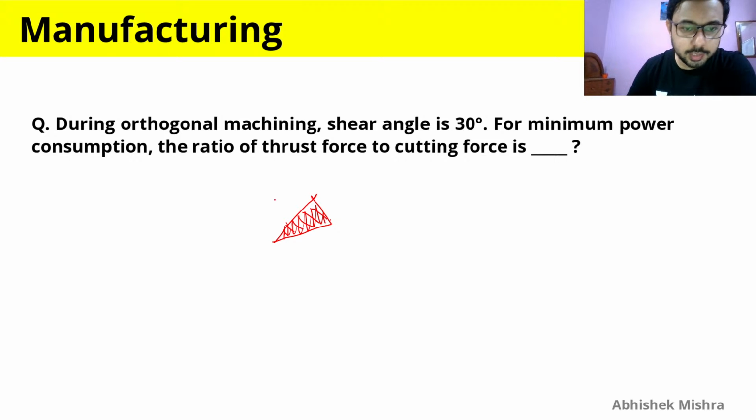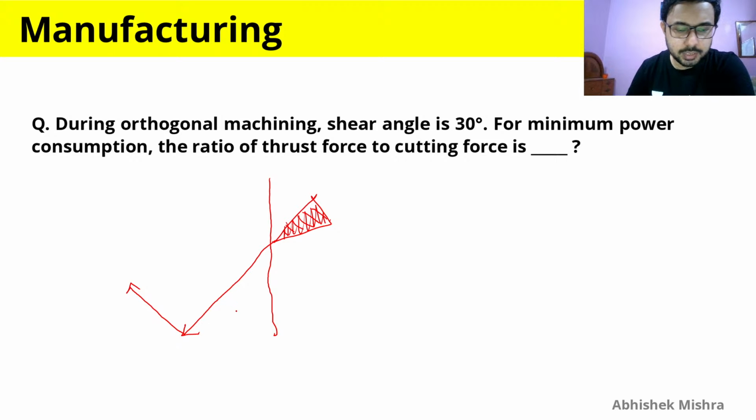So to draw the merchant circle, first draw the tool and then draw this line, this vertical line, and after that extend this and make a 90-degree turn here. So this represents along the face length the frictional force, and here we have the normal force, and just join this to get the resultant.